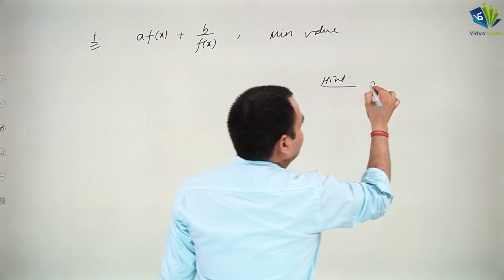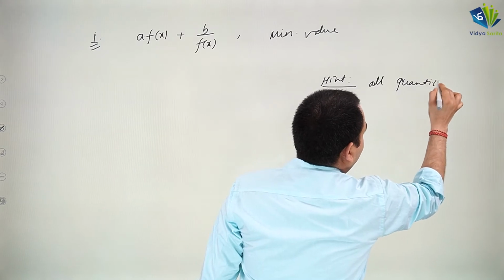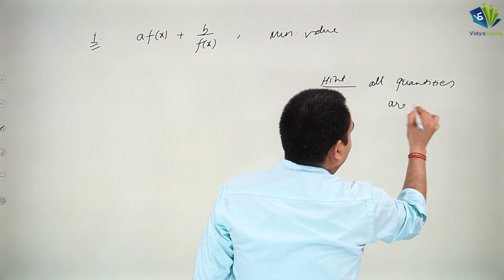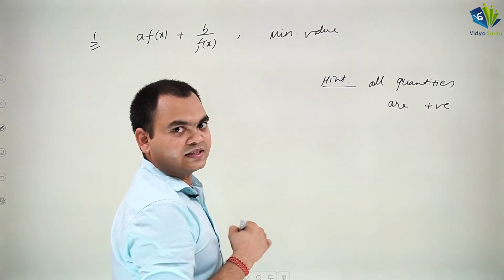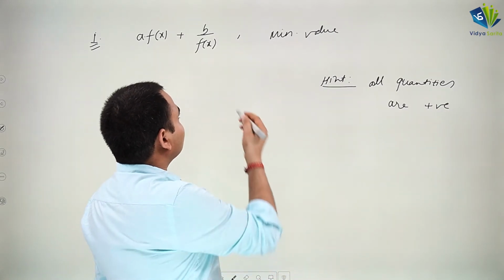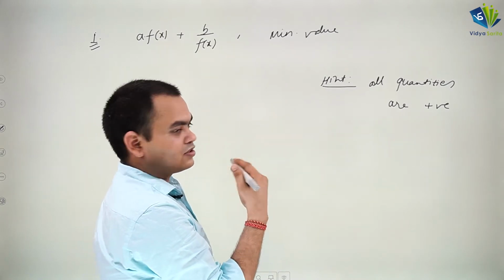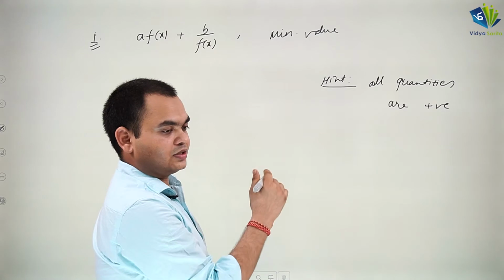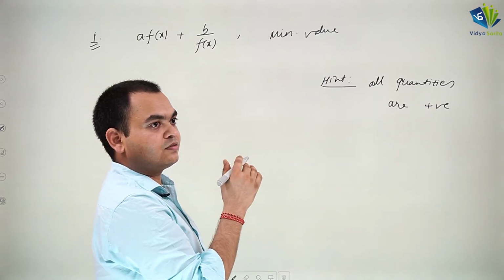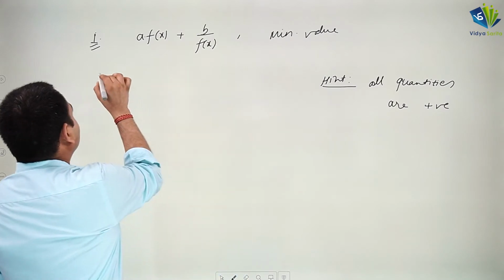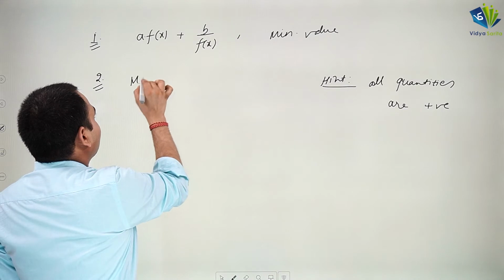And second hint will be that if they have given you the sum of the quantities, then they will ask you the maximum value of the product, and if they have given you the product of those quantities, then they will ask you the minimum value of the sum.